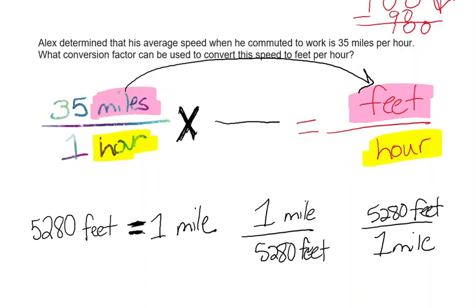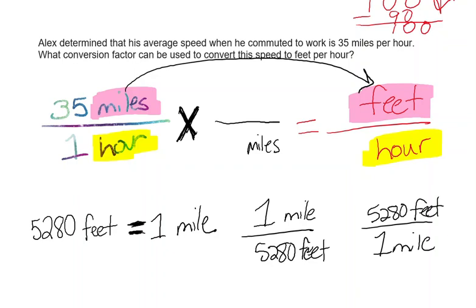The fraction we choose to multiply by needs to cancel the miles and leave feet in the numerator. So there's two ways to look at that. The only way to cancel miles is to have miles on top and miles on bottom. That's the only way you can cancel out that unit so that you no longer have miles in your answer.